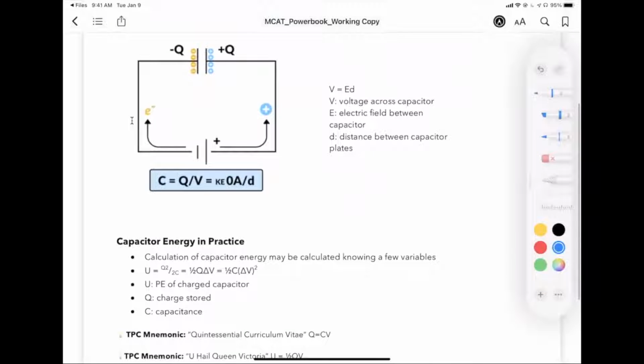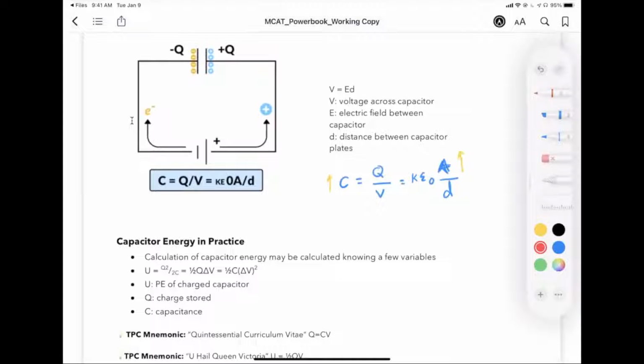The value of capacitance, this equation here, is what shows us this relationship dependent on surface area and distance. We see kappa epsilon naught A over D. Capacitance is directly proportional to surface area, so if surface area increases, because it's in the numerator, our capacitance will also get bigger.